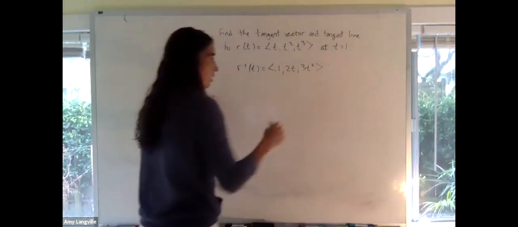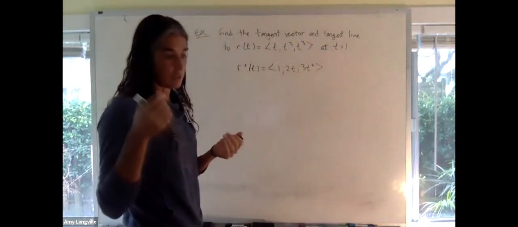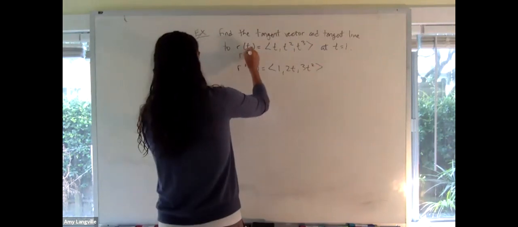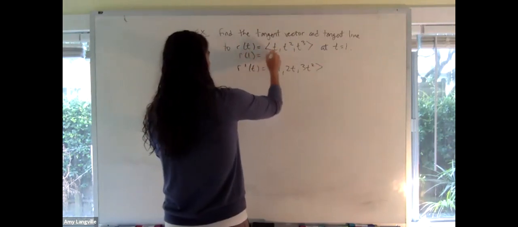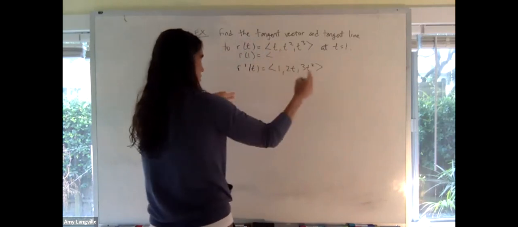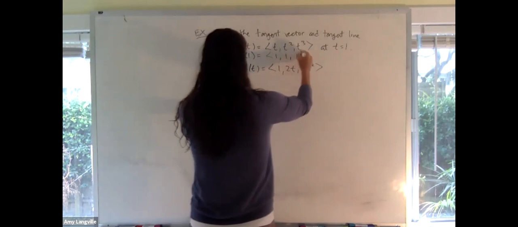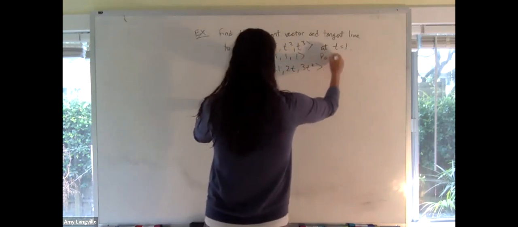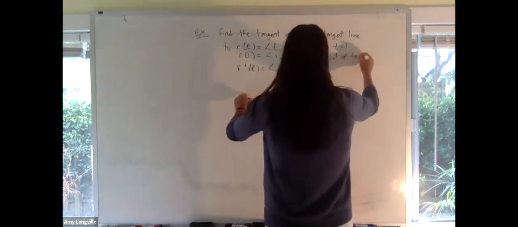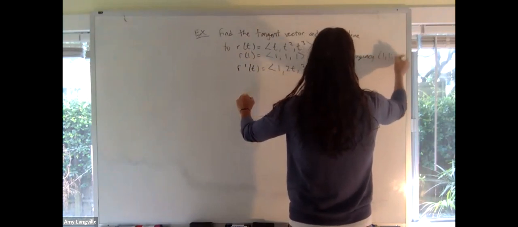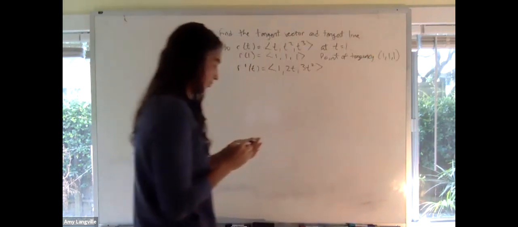When t is 1 was the black point on the CalcPlot3D visualization that we had. That gives us the vector, which we think of as either a vector or its terminal point. That's just 1, 1, 1. Or we can say that the point of tangency is the point, if we write it in point notation, (1, 1, 1).